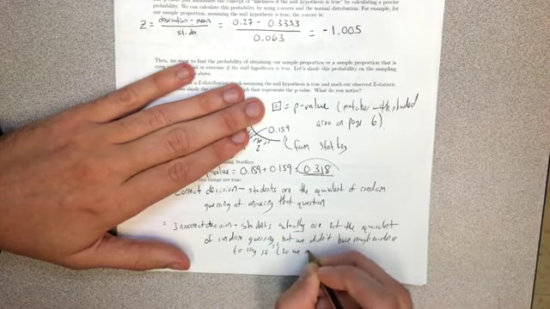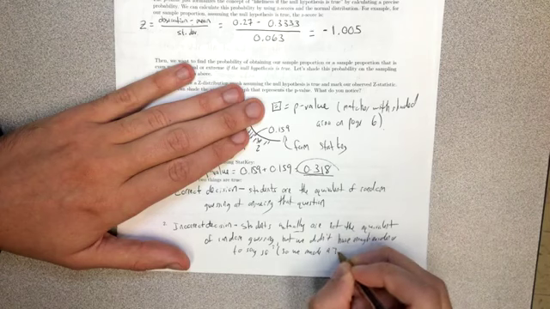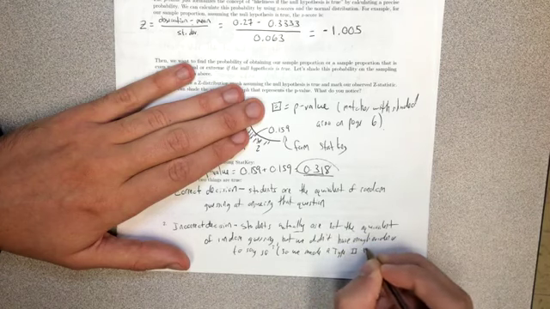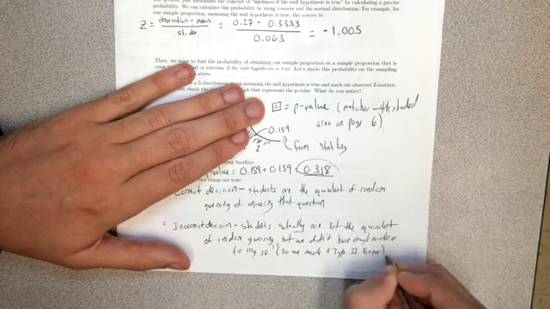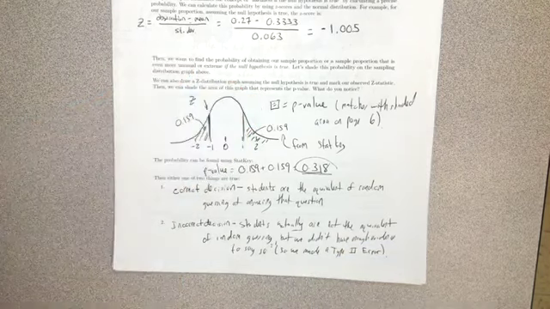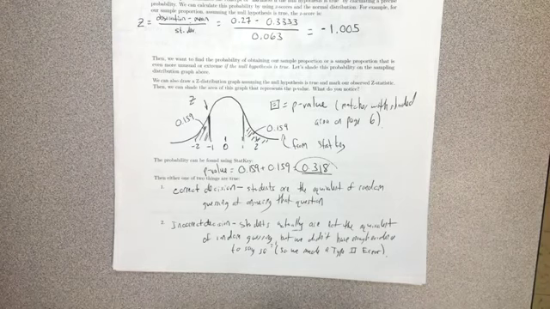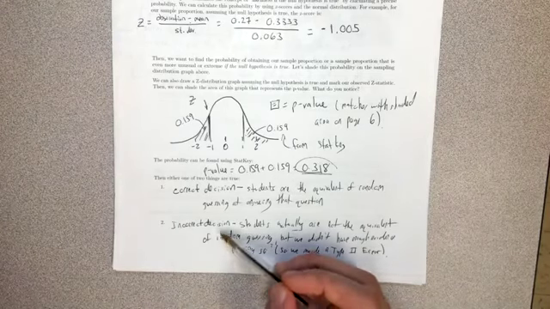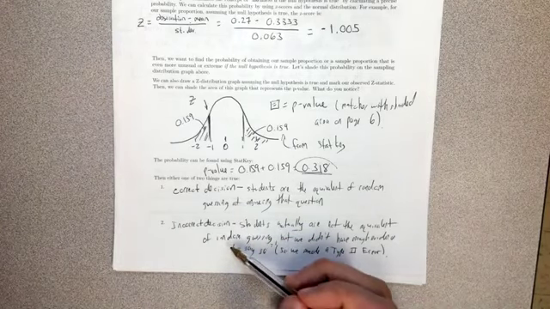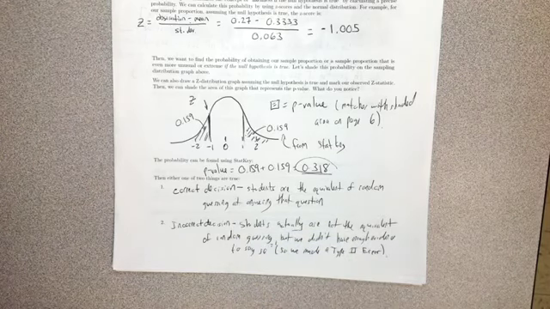So we made a type 2 error. All right, so based on just the sample we collected, we'll never know whether we made this correct decision or we made this type 2 error.